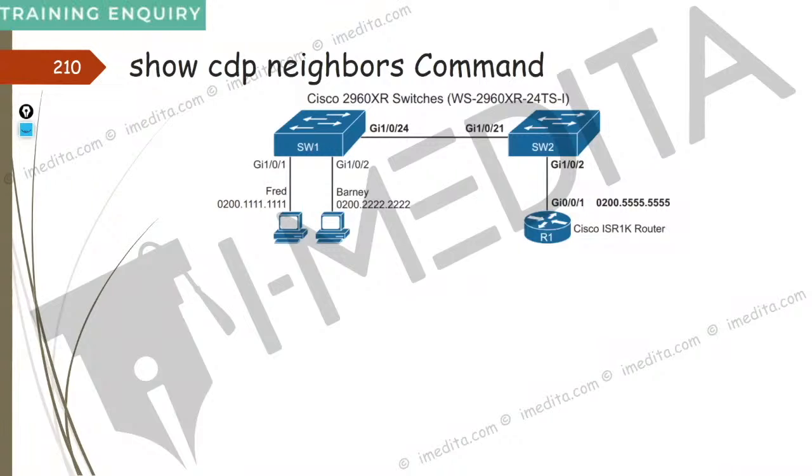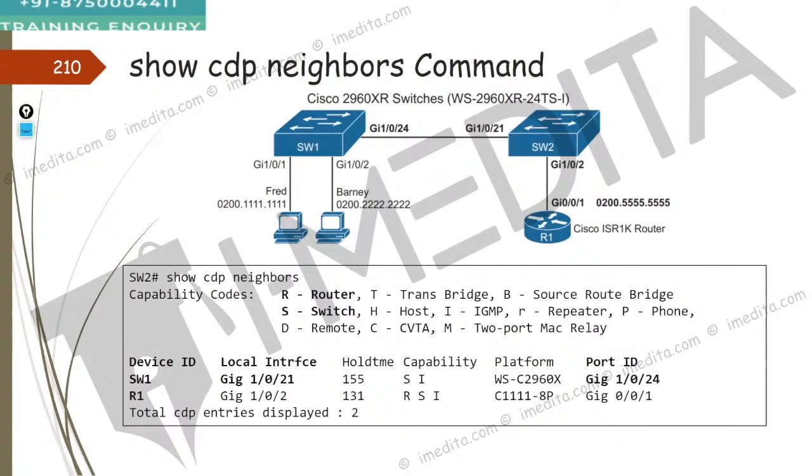In this topology, if I go to switch 2 and issue the command show CDP neighbors, you will see something like this. First, these are the capabilities. R means router, S means switch. And you can see here that R1 is showing the capabilities of routing as well as switching.